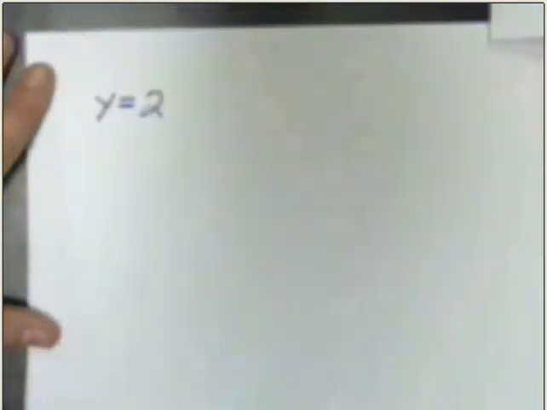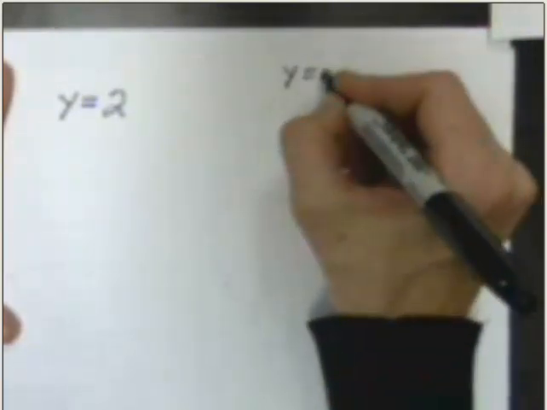What if there was no x? Can I do that to you? Y is equal to 2. What's the slope? How do I identify slope?